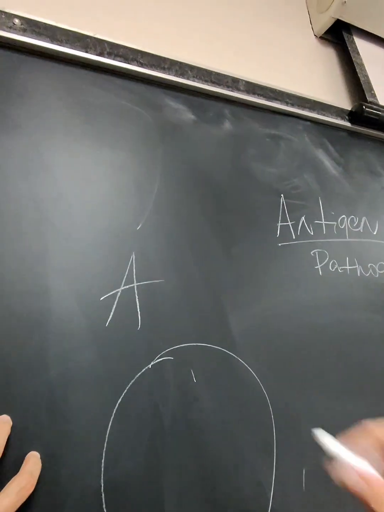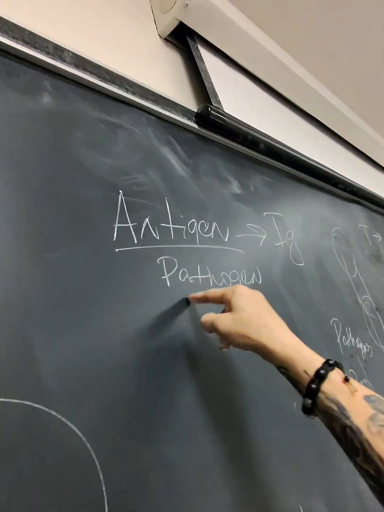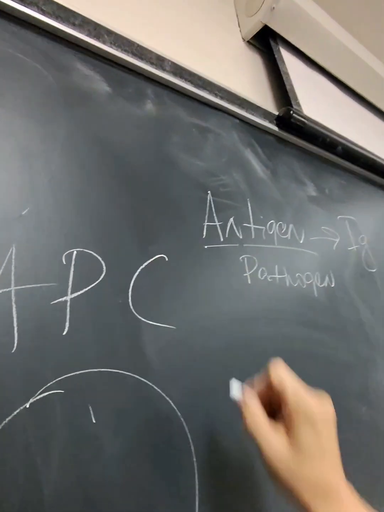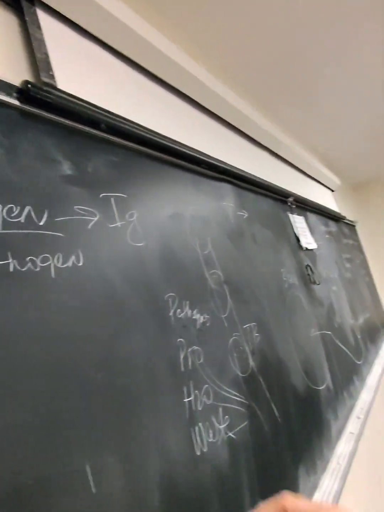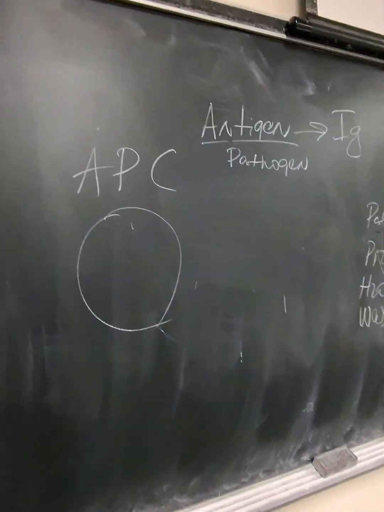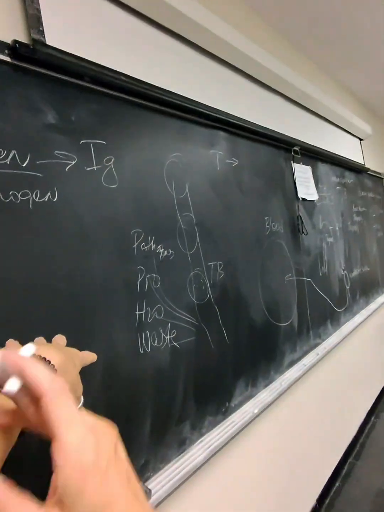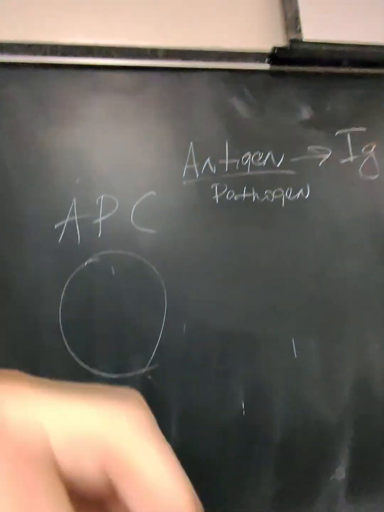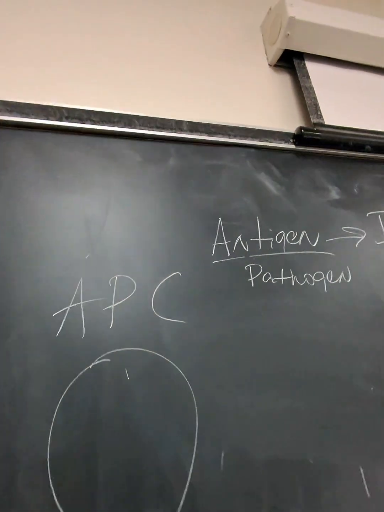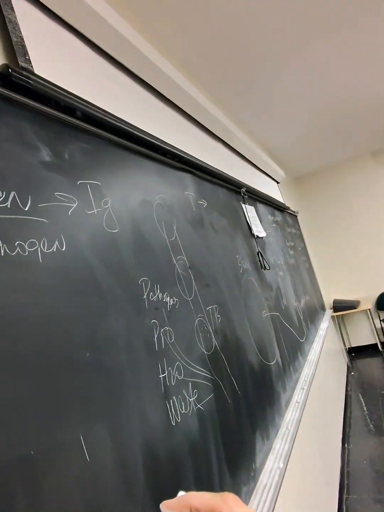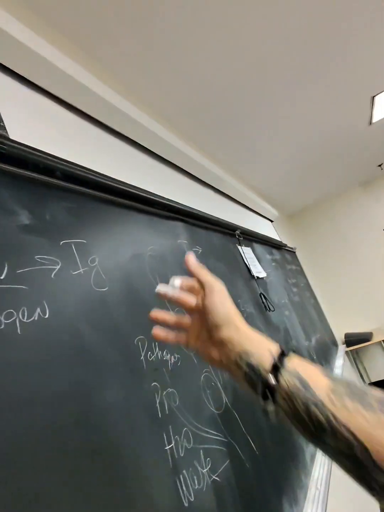We have cells, we call them antigen-presenting cells. These are the B cells, these are the dendritic cells that are sitting or circulating right under the skin, for example, or at the entrance into the host. So they can grab the pathogen and present it to the T cells.